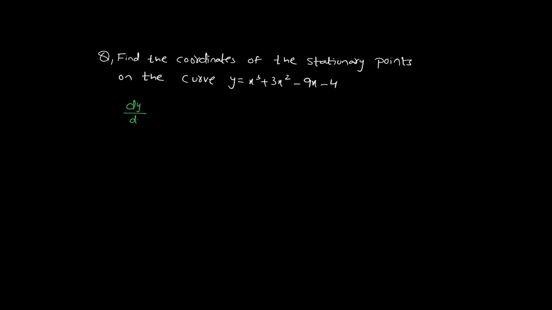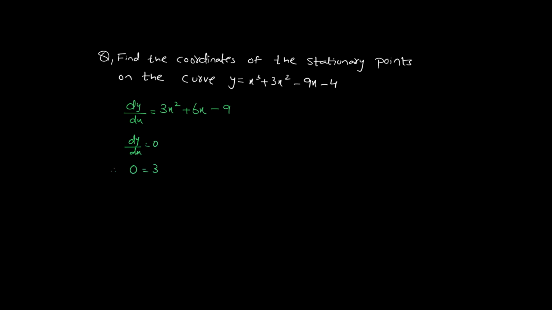So dy by dx of this equation would be 3x square plus 6x minus 9, and the differentiation of a constant term is 0. Okay, now for the stationary point, dy by dx would be equal to 0.